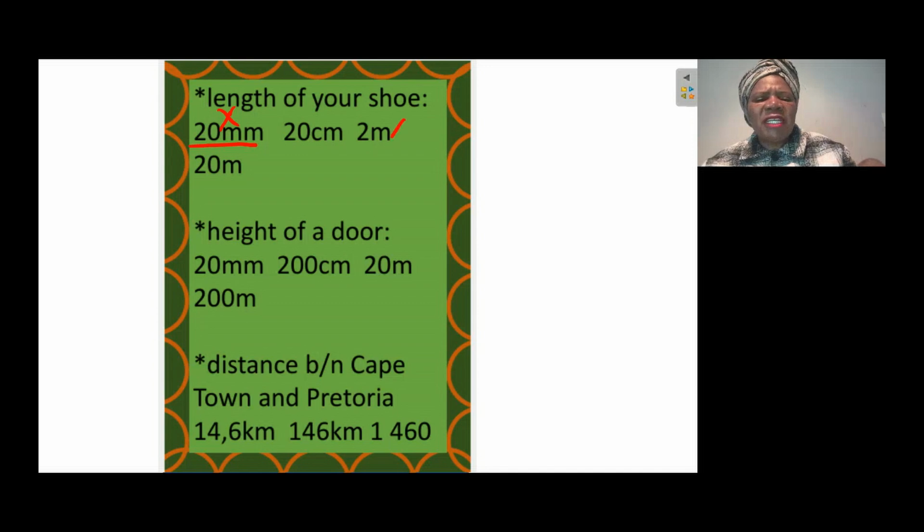But 2 meters is just too much, because 1 meter is 3 of our 30 centimeter rulers plus 10 centimeters. So if it is 2 meters, it will have 6 of your plastic rulers in a line, plus 20 centimeters. So it's too much. Then 20 centimeters. So probably your shoe could be 20 centimeters long. Okay.